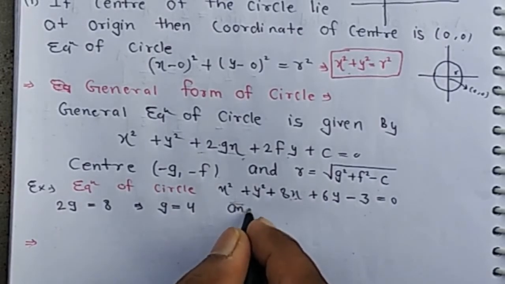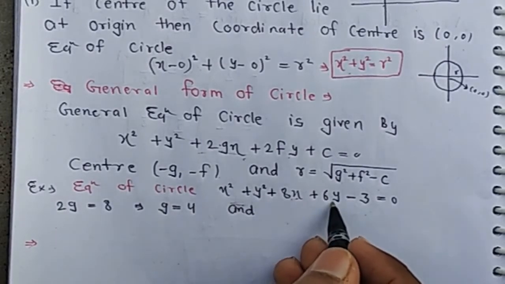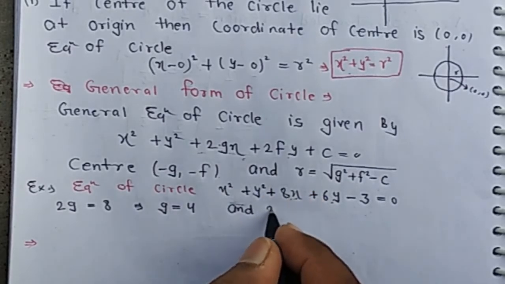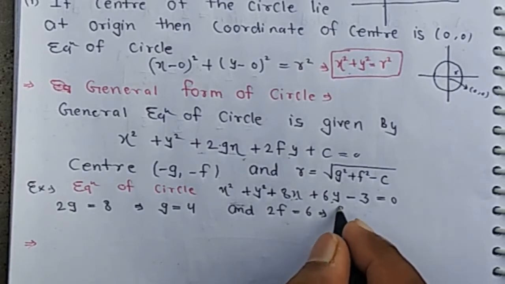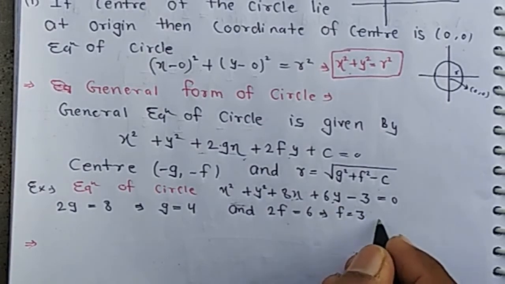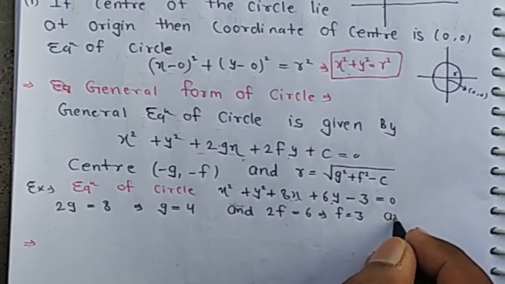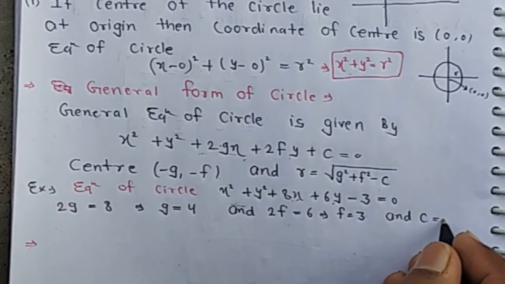and coefficient of y is 6, coefficient of y is 2f, 2f equals 6, value of f is 3, and c equal minus 3.